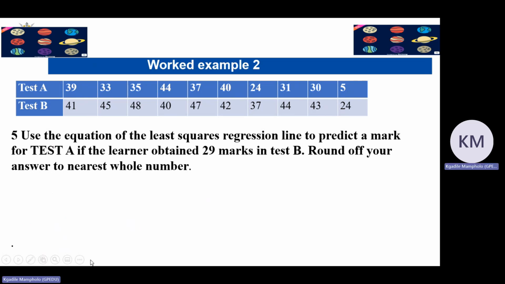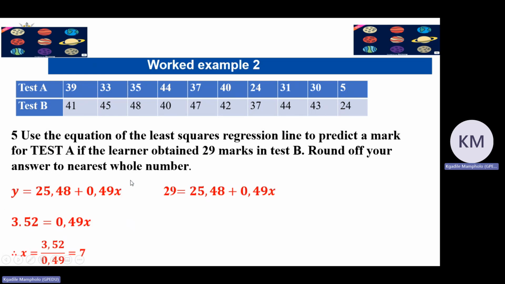The next one, use the equation of the least squares regression line, or the line of best fit, to predict a mark for test A if a learner obtained 29 marks in test B. You can see that here you are calculating test A, which is X, and you're given the mark of test B, which is Y. That's why you put 29 for this Y, then you solve for X. X would be 7.